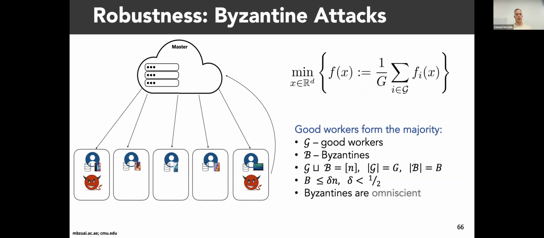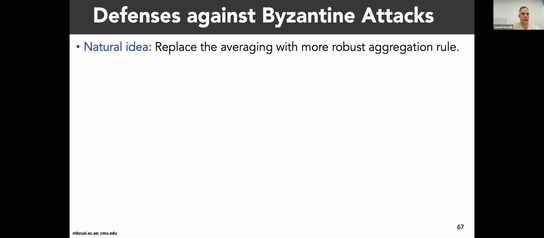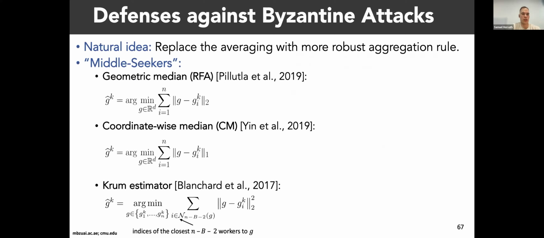And usually, in order to provide strong guarantees here, we assume that Byzantines are omniscient. So a typical way to defend against Byzantine attacks is to replace the averaging with more robust aggregation rules.